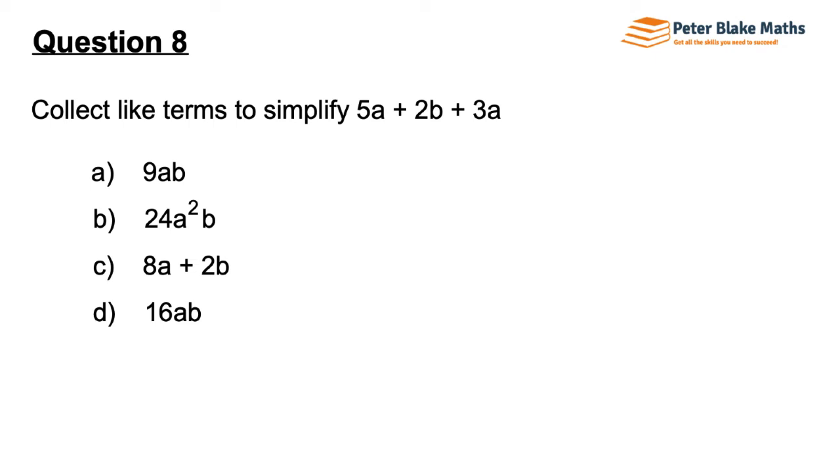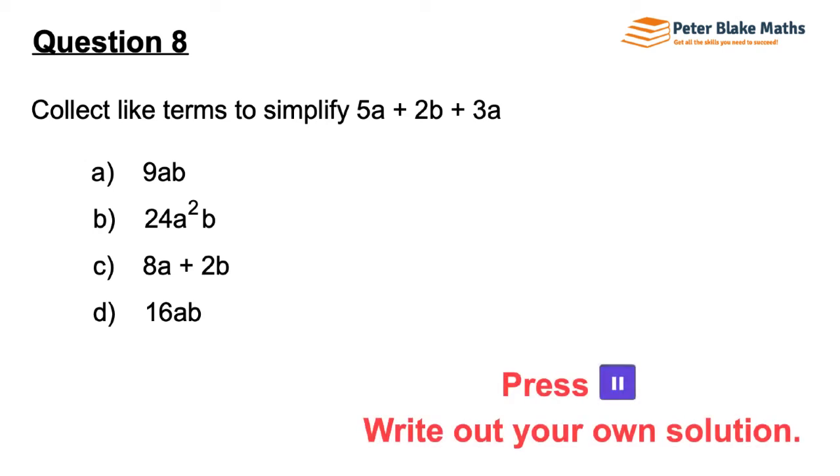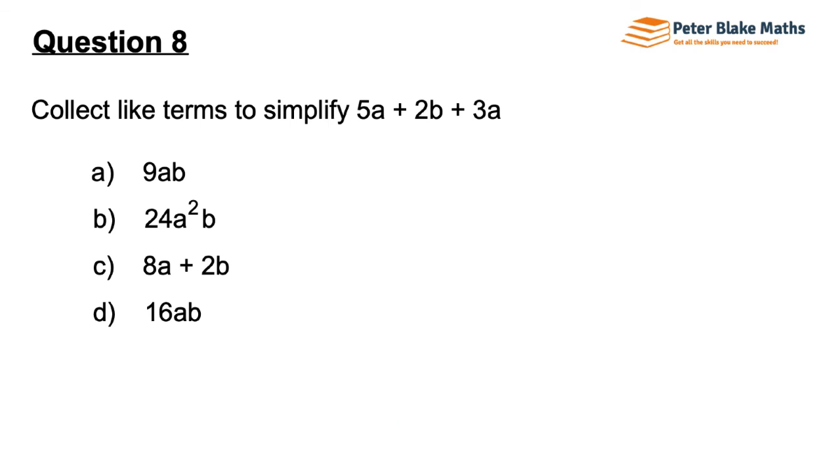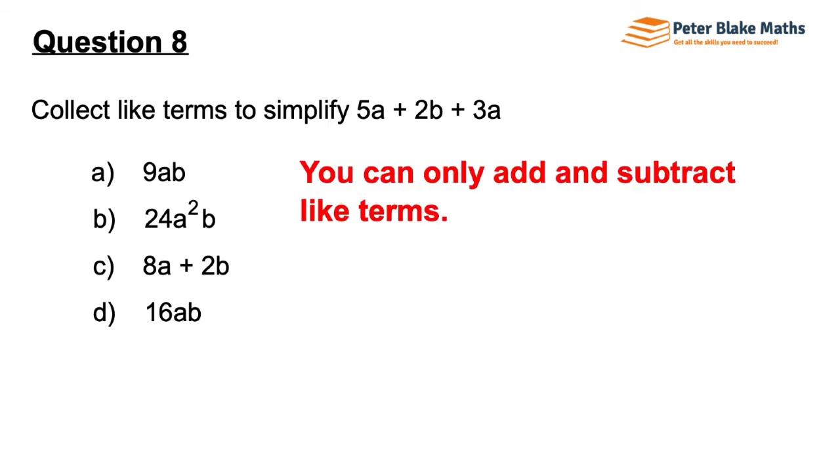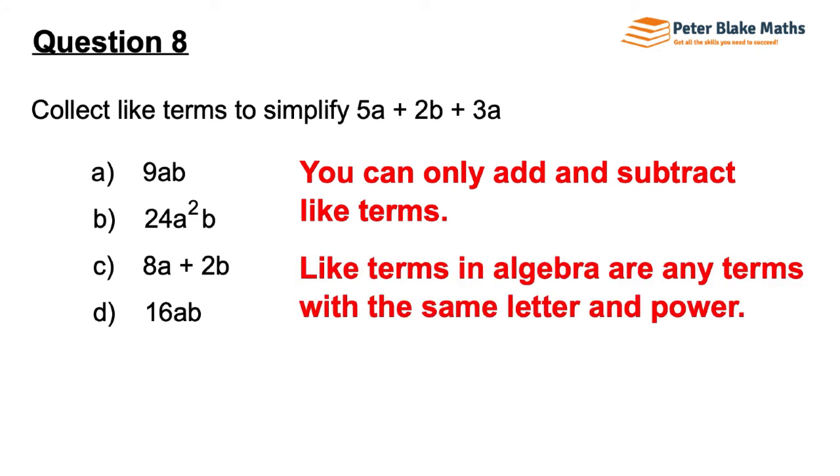Question 8. Collect like terms to simplify 5a plus 2b plus 3a. You can only add and subtract like terms. Like terms in algebra are any terms with the same letter and power.